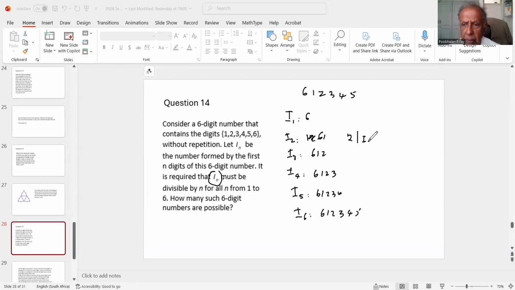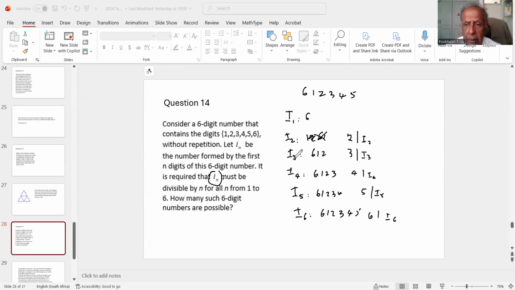So 2 is a factor of I2, 3 is a factor of I3, 4 is a factor of I4, 5 is a factor of I5, and 6 is a factor of I6. And you can see it doesn't work. 2, already this doesn't work here. So as far as I2 is concerned, the second digit must be even, right? Just bear in mind, because 2 divides this.